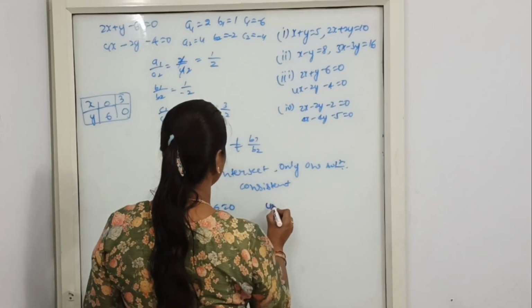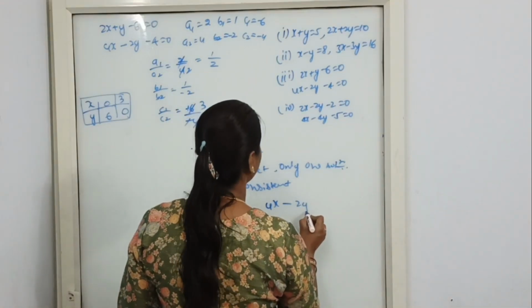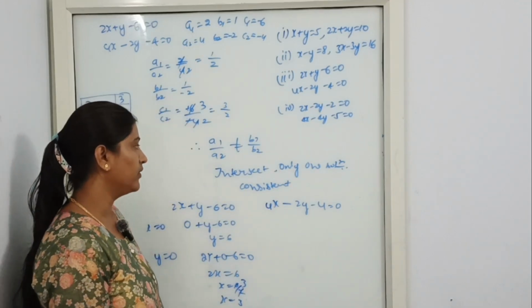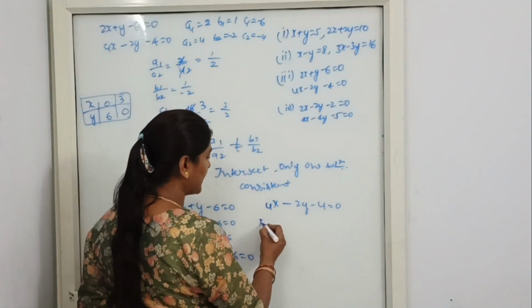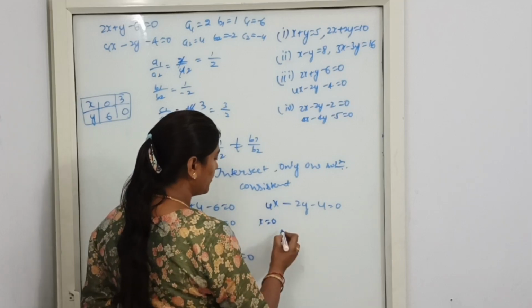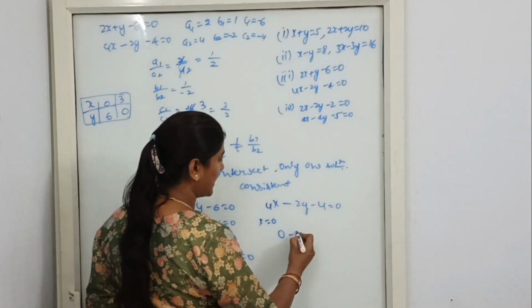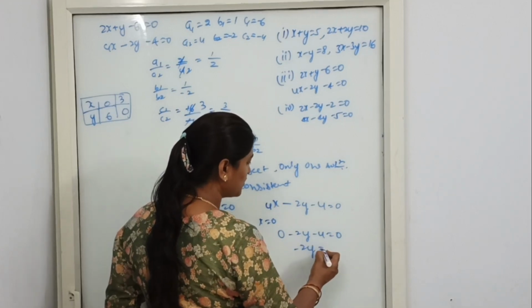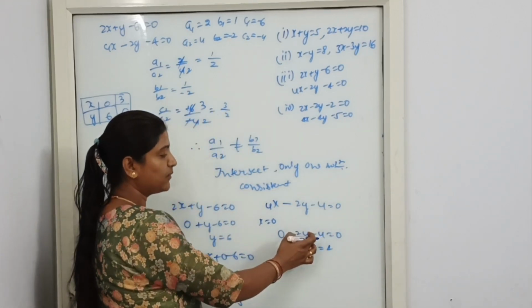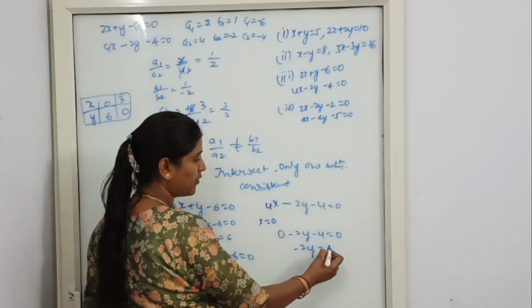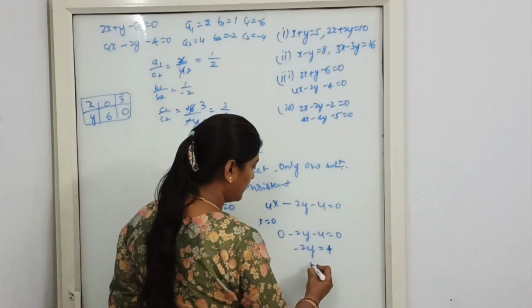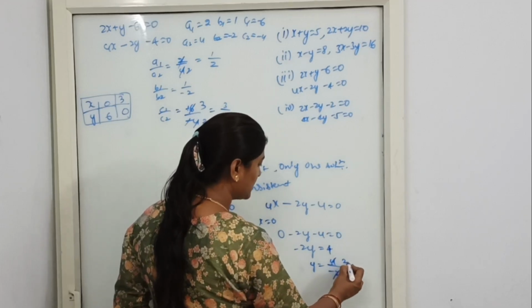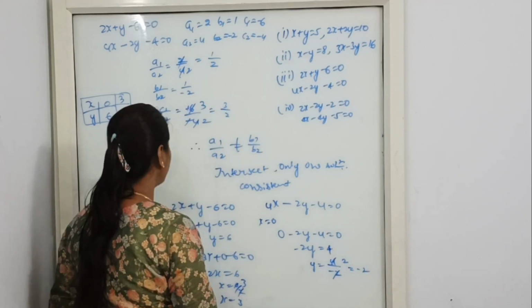The next one is 4x minus 2y minus 4 is equal to 0. We can give x as 0 to make this term 0. Then minus 2y minus 4 is equal to 0. Minus 2y is equal to 4, transposing minus 4 to this side as positive 4. So y is equal to 4 divided by minus 2, and the answer is minus 2.